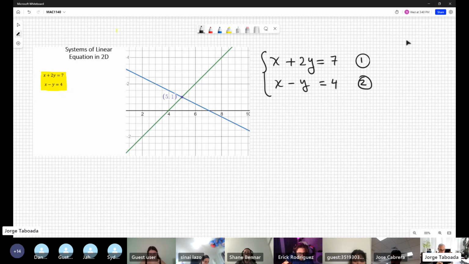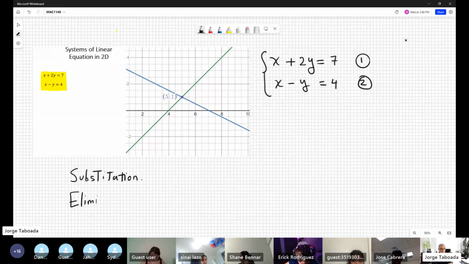Okay, so now remember we have 2 methods for solving linear system of equations. This is universal. We have one method that's called substitution. Another method is called elimination. You use it either way, doesn't matter.